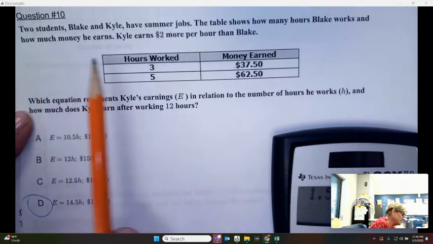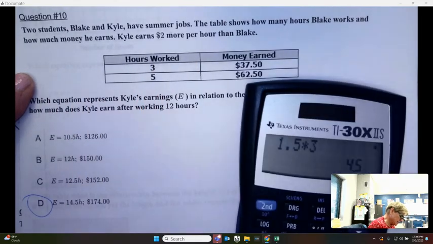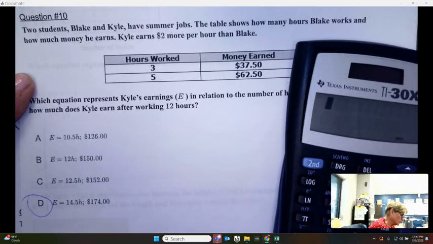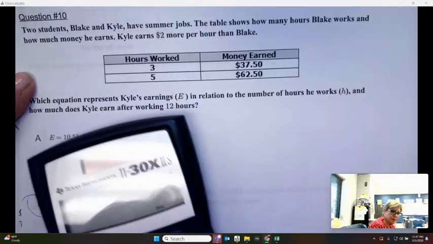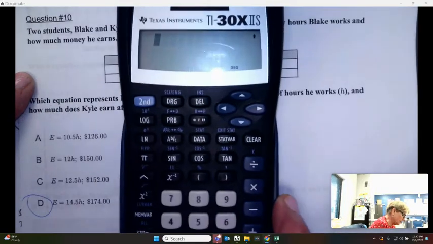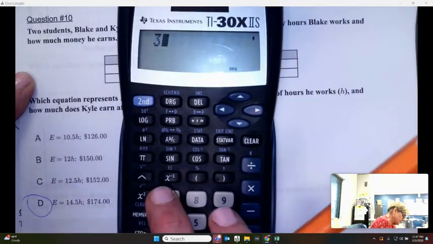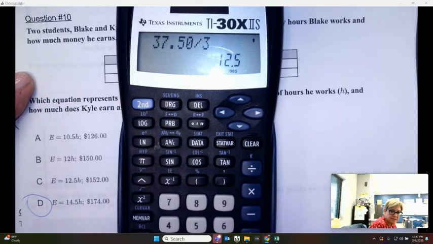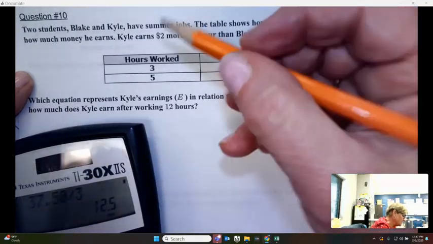So we look at this. The table shows Blake's hours. So if we know what Blake makes per hour, we can calculate that rate by taking the 37.50 divided by 3. 37.50 divided by 3. That means he's making $12.50 for 1 hour.